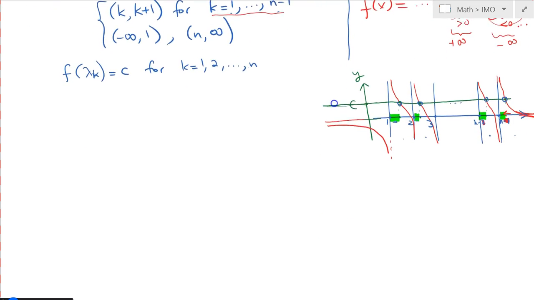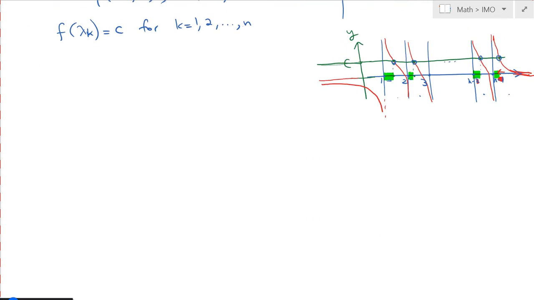Now for this computation, let me write that down, consider the polynomial q of x, which we define as follows: x minus 1, x minus 2, and so on, x minus n.